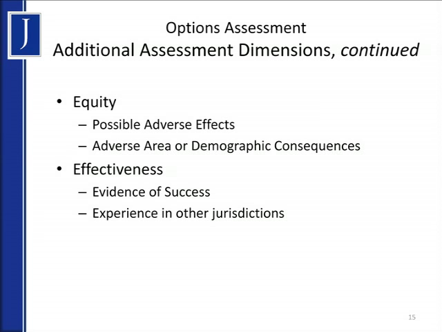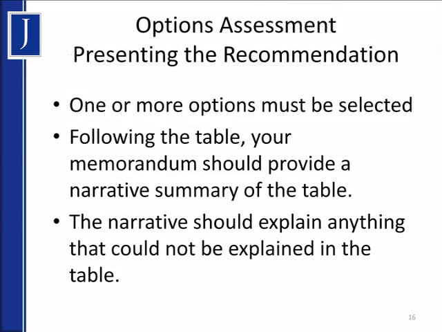So you can set out in greater detail the factors that you consider in determining effectiveness or in any of the primary assessment dimensions. In presenting the recommendation, one or more options must be selected, and following your table, your memorandum should provide a narrative summary of the table explaining anything that was really not fully explained in the table, anything that needs to be clarified or deserves expansion.